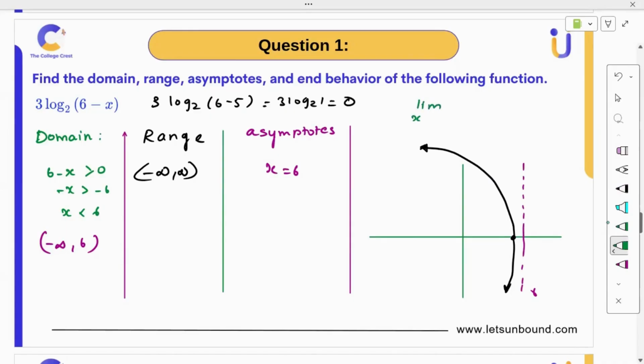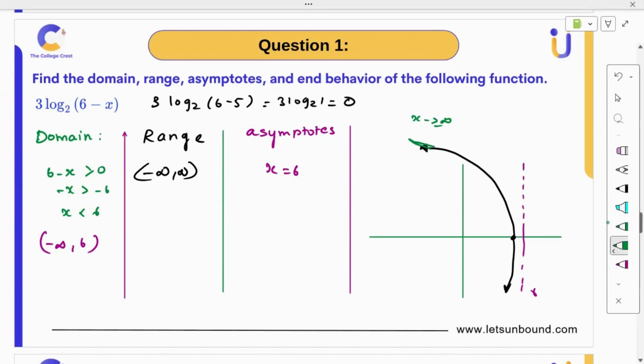Now let's check the limit as x extends to negative infinity, for 3 log base 2 of 6 minus x. When x goes to negative infinity, 6 minus x becomes a bigger number and your graph will approach positive infinity. Yes, it's up: positive infinity.